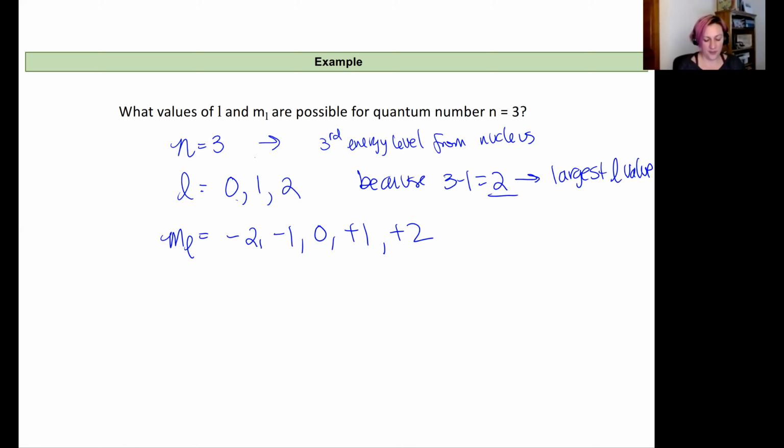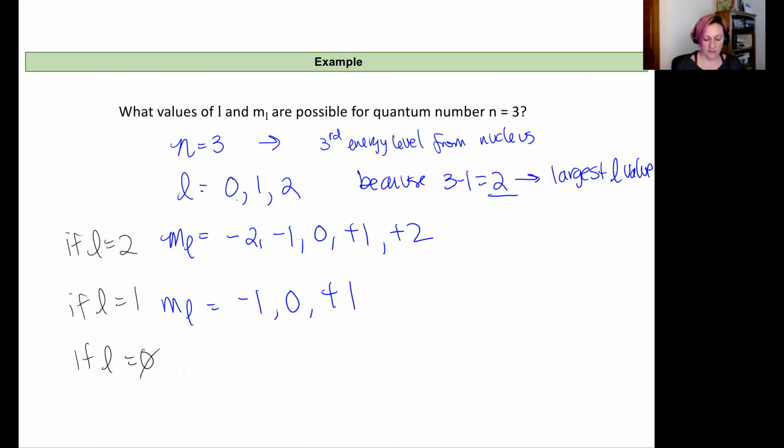But if L equals 1, then we could have an M sub L of -1, 0, or +1, or 3 different places. And if L equals 0, we can have M sub L equal 0.